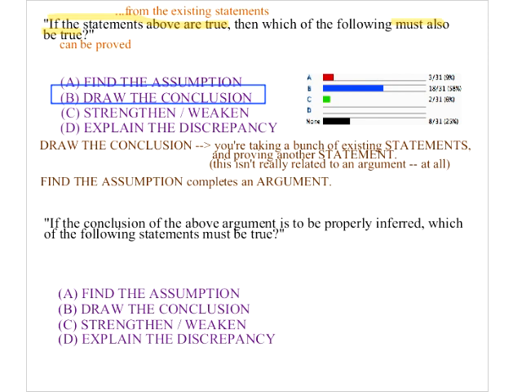I'll clear out your answers. There's the next one. See if you can figure this out in 20 or 30 seconds, because you've got to be pretty fast at this stuff. Give it a shot.